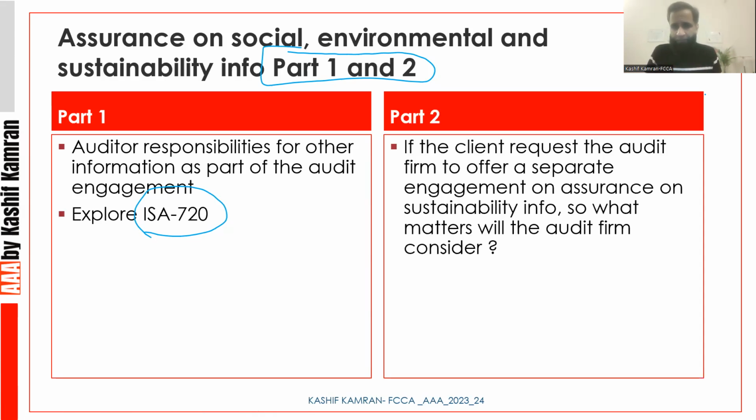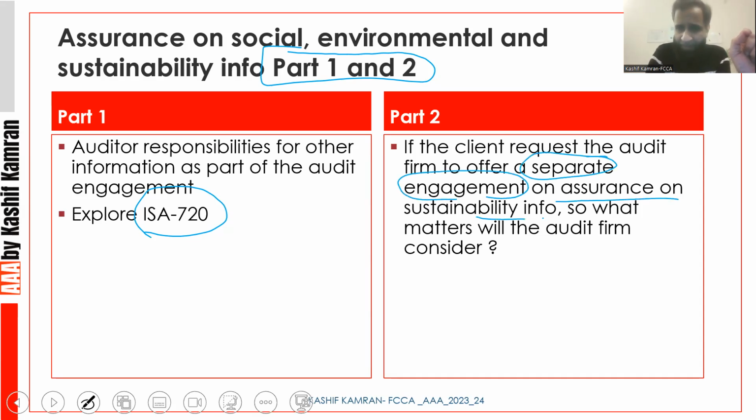of the article. If the client requests the audit firm to offer a separate engagement on assurance on sustainability information, what matters will the firm consider? Now, suppose the client asks you, can you provide me a separate engagement on assurance on my sustainability information?